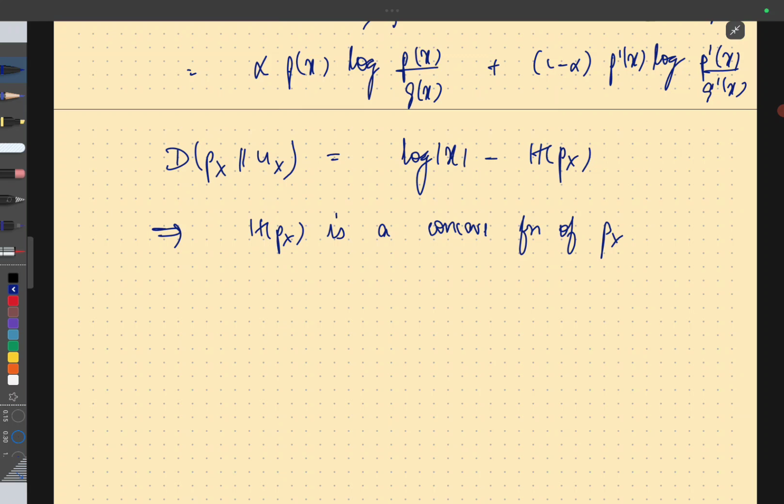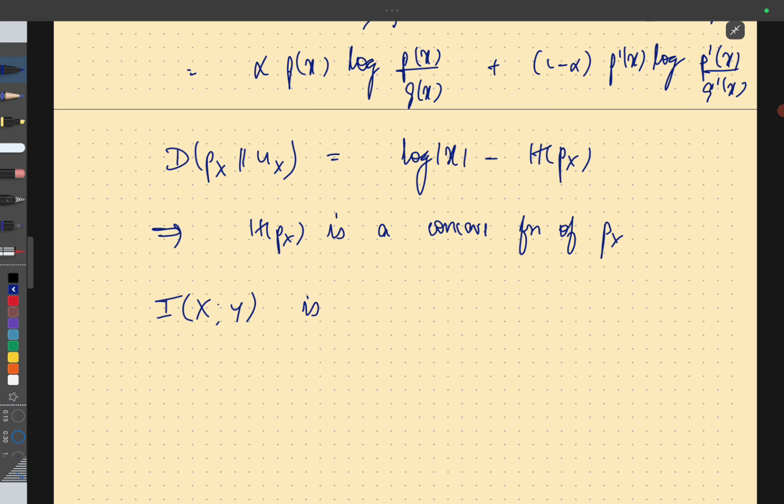And again, using essentially the same ideas, you can prove that the mutual information, now this is a function that depends on the joint distribution Pxy. So of course I can think of it as a convex function of Pxy, but what we'll be frequently interested in is you fix Px and look at it as a function of Py given x, or you fix Py given x and look at it as a function of Px.